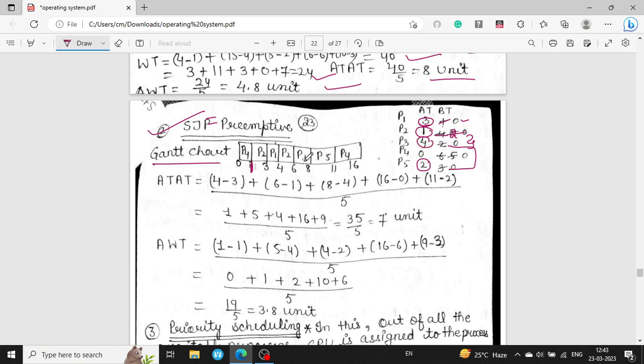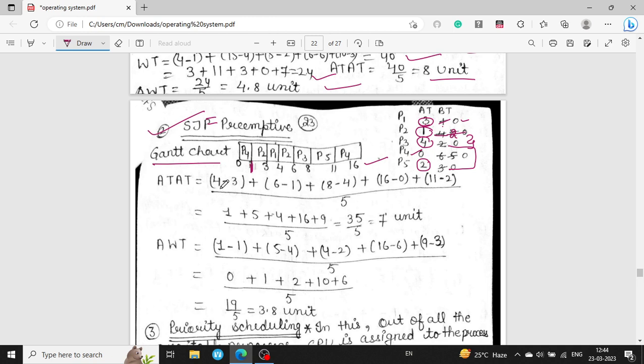So that's why here we write P3. 6 plus 2 is 8, and at 8 seconds P5 came and it will use 3 seconds, and after that who will be used? P4, because it needs 5 seconds, so it will be used at last. 11 plus 5 is 16. Now you will find the average turnaround time.